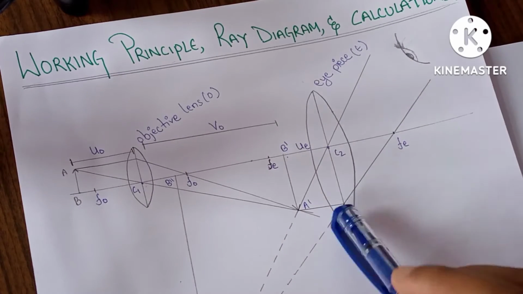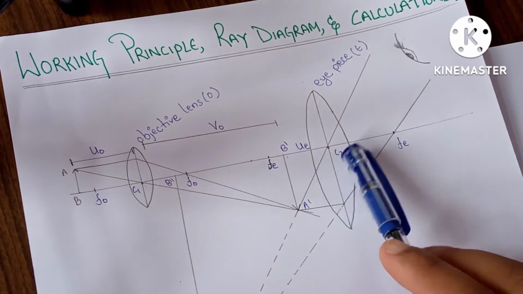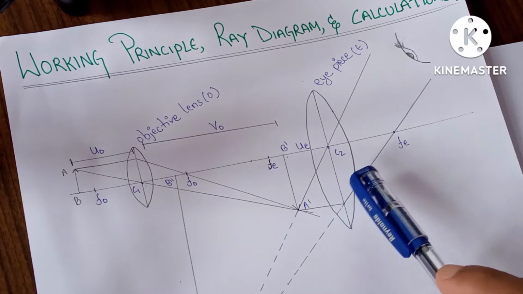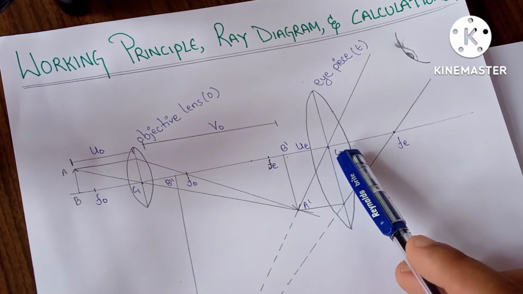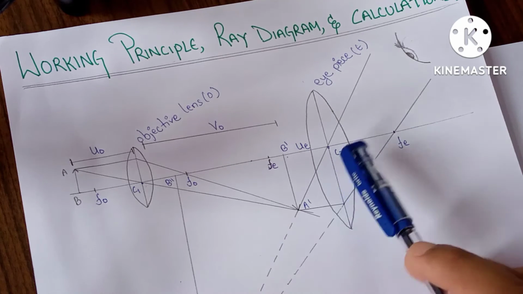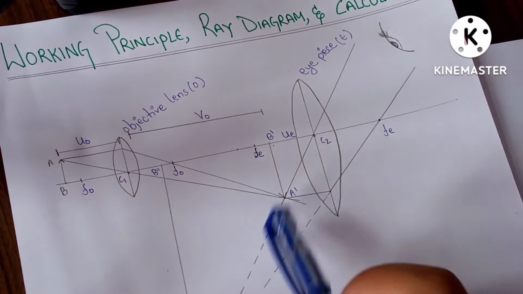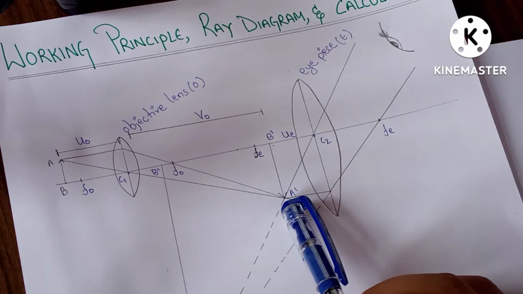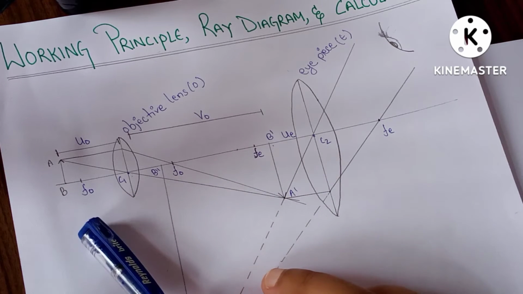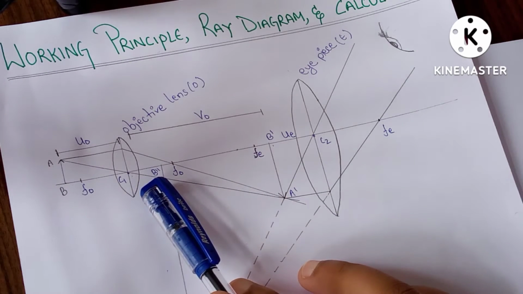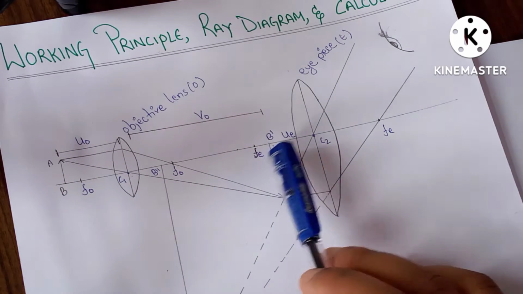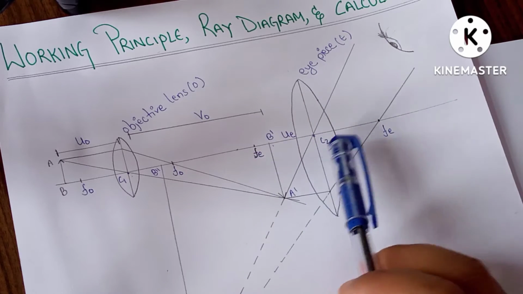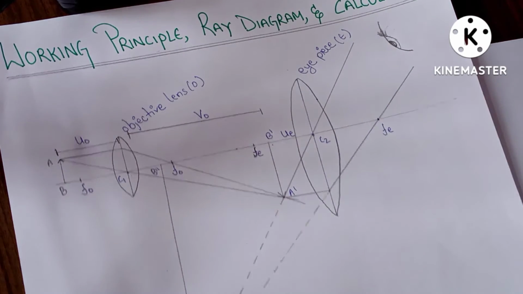Now I have already told you that the eyepiece has a function similar to a simple microscope, and the question is, how do we place this eyepiece such that it acts as a simple microscope? The answer is, the focus is kept outside and this image is kept inside. The image formed by the objective lens is kept just in between the focus and the optical center C2 of the eyepiece.